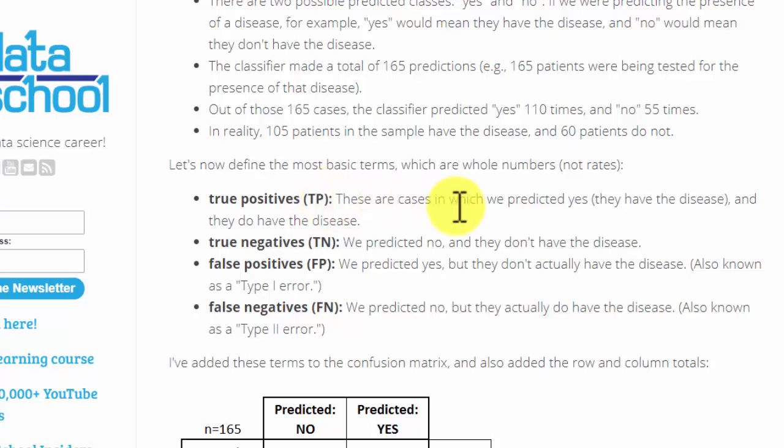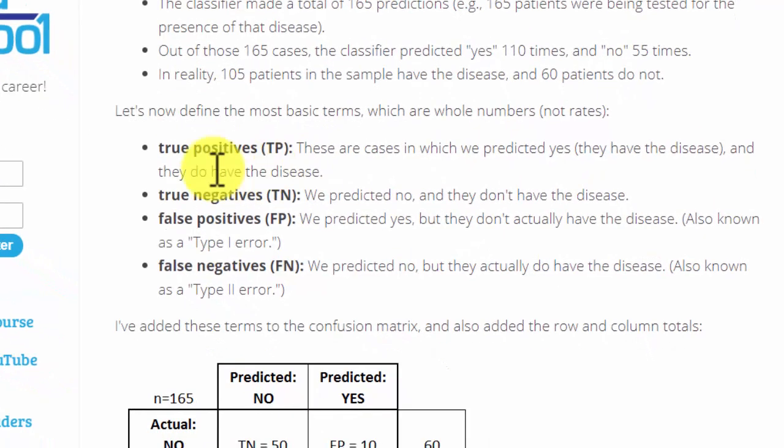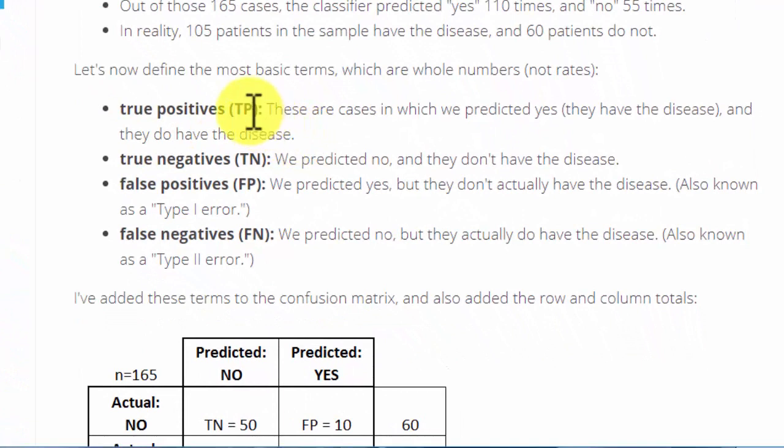So this one says these are cases in which we predicted yes, like they have a disease, and they actually do have a disease. So P on the right side is what you're saying. You're predicting that they're positive for a certain disease, and the actuality one is the one on the left, T. So that's true.